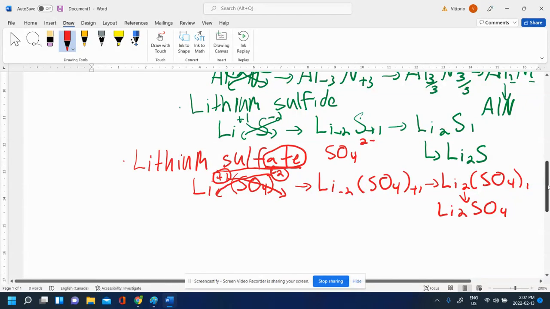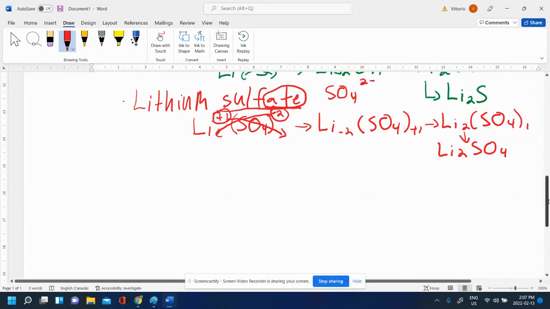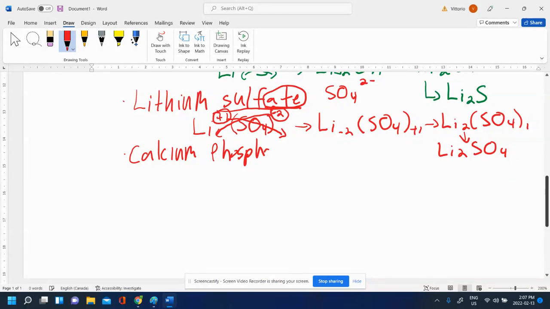Let's try another example. We'll do calcium phosphate. So again, you'd have to recognize that you have a ternary ionic compound. We have calcium and phosphate. Phosphate is the polyatomic ion in our compound. So we'll write our charge.